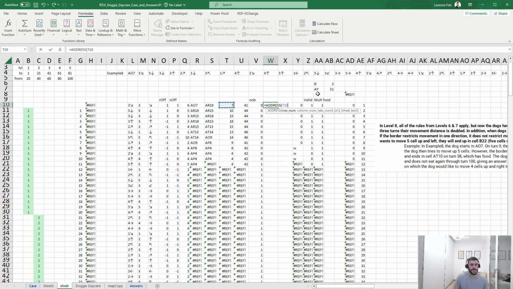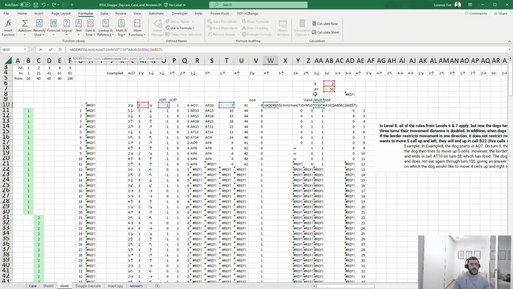It will be this times the row offset times the multiplier. Let's not forget it. But this is not managing the bound, so I need to say min max of. So max means that I will take the lower bound, and min means I will take the upper bound.